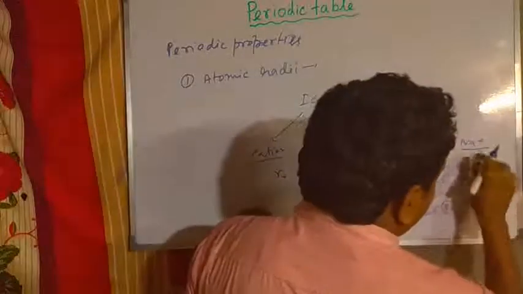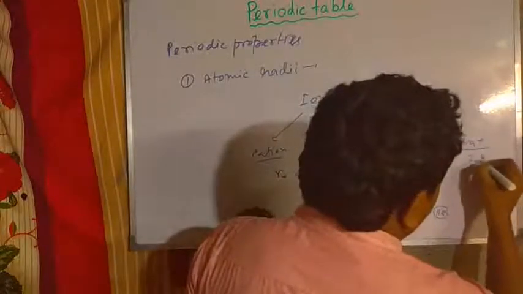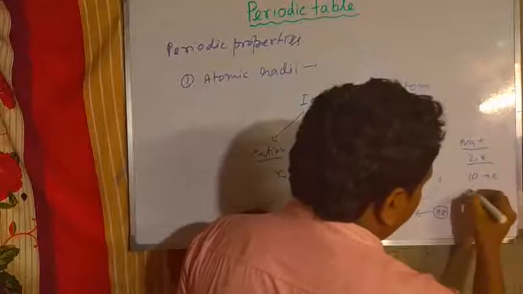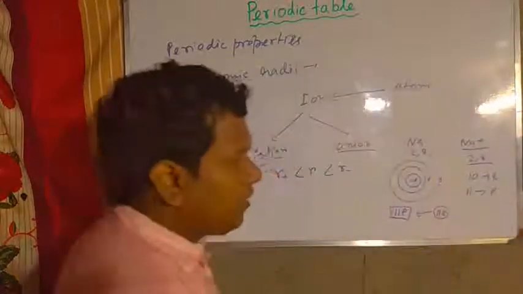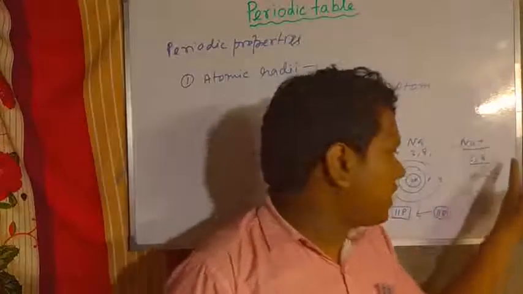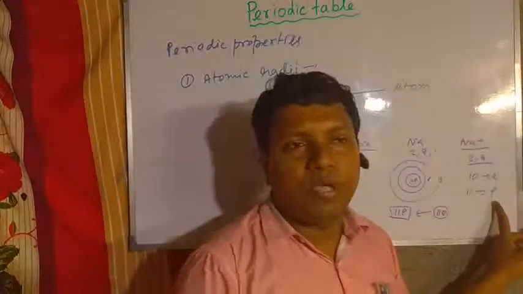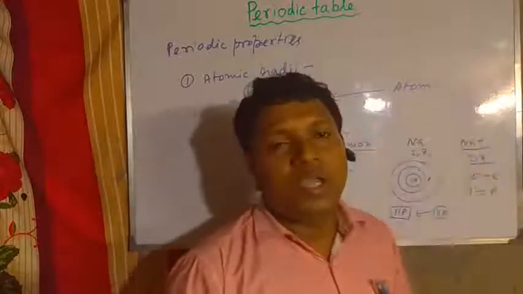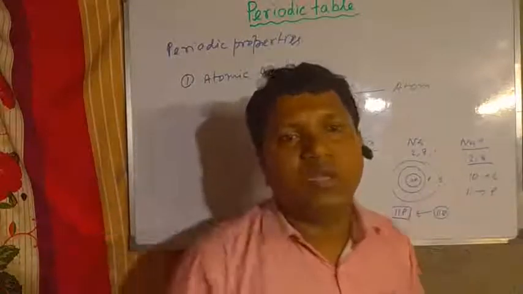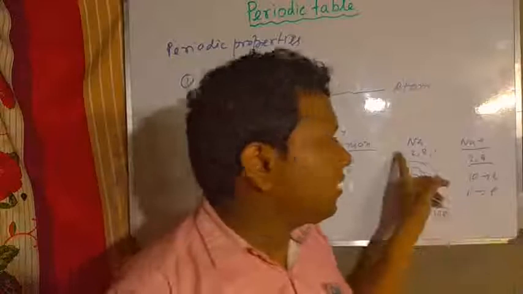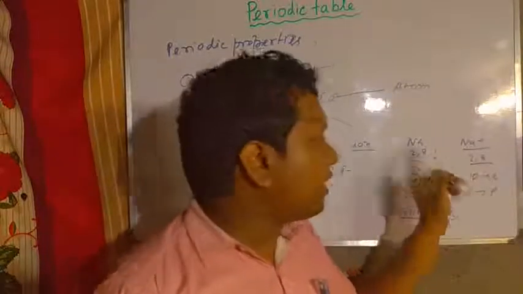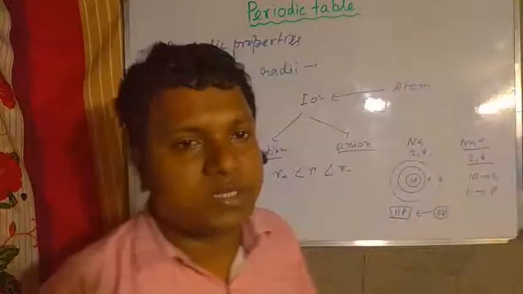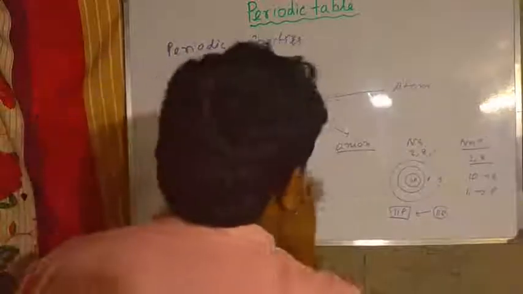But for Na plus, 10 electrons are present, but the protons are 11. So in the Na plus cation, 11 protons attract 10 electrons. So for the sodium ion, the force toward the center is more than that of the sodium atom, and that is why the Na plus ion has a smaller radius than the sodium atom.